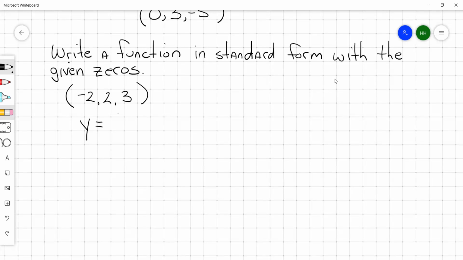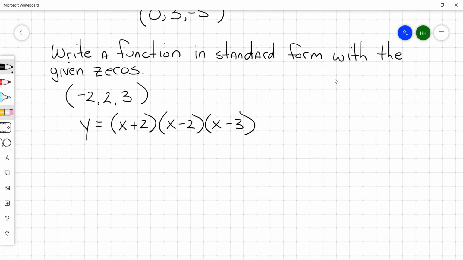So our first factor would be x plus 2 times x minus 2 times x minus 3. Agreed?